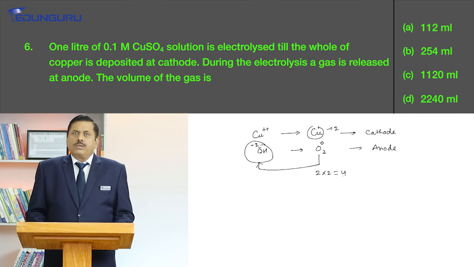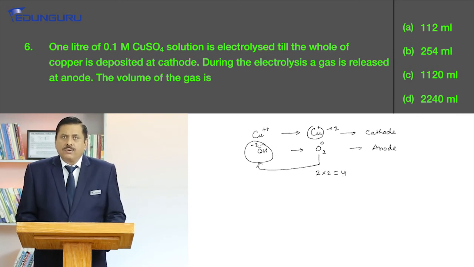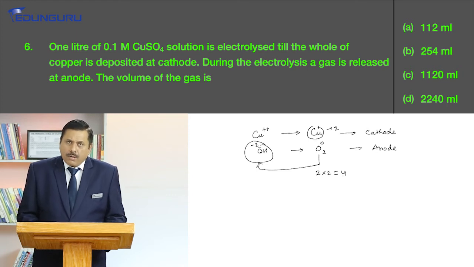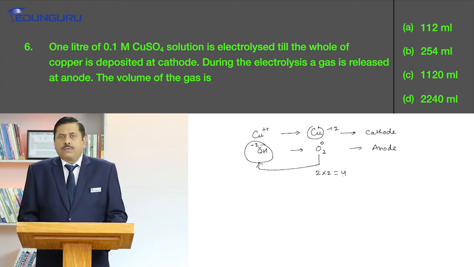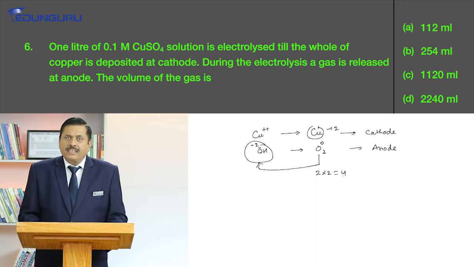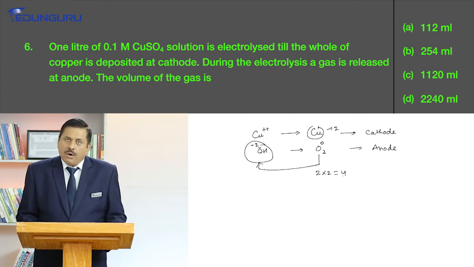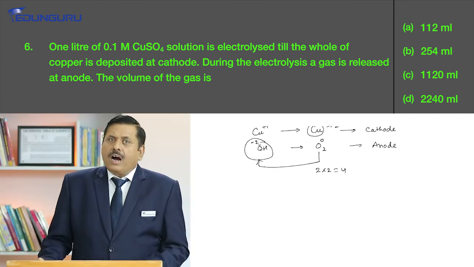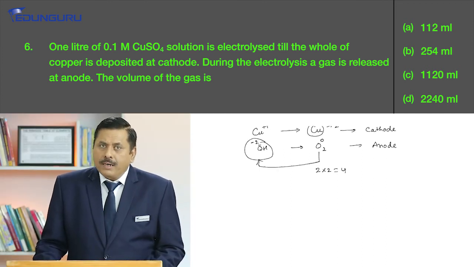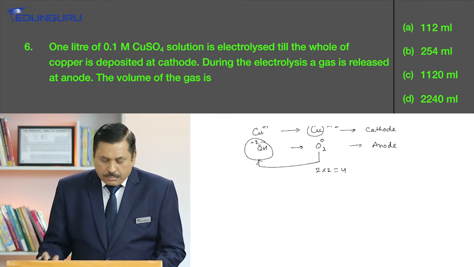Now as I told, the number of equivalents of the species obtained as a result of reduction has to be equal to the number of equivalents of the species obtained as a result of oxidation. So let us see how many equivalents of copper are obtained as a result of reduction at the cathode.